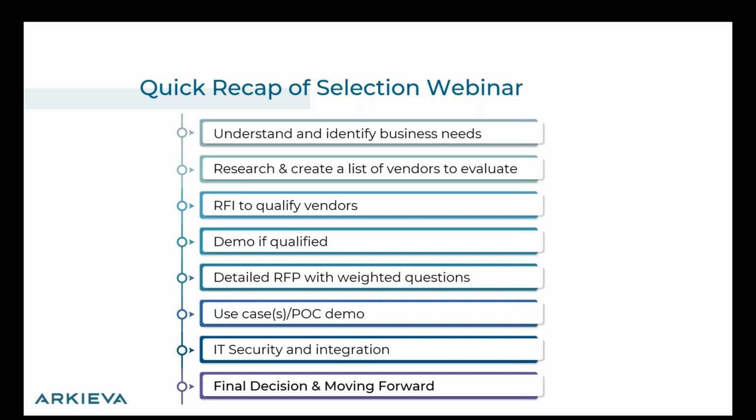And then at this step, we recommend doing an RFI, a simpler evaluation technique to qualify the different vendors. Once you have done the RFI and you have qualified the different vendors, and by the way, at this stage, you may do a short demo with each of these vendors, but the qualification is potentially about, are they in the price range? Are they in the right geography?